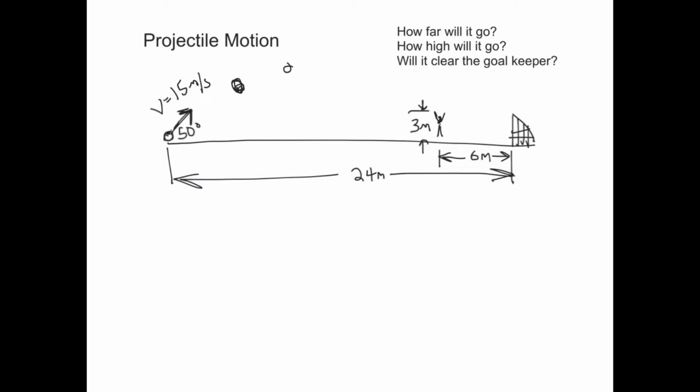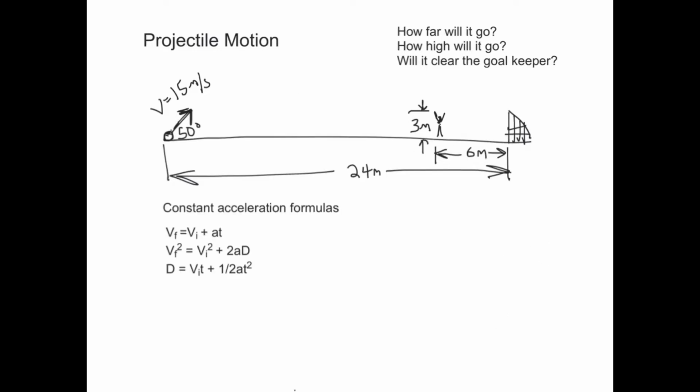The key to projectile motion is understanding the force diagram. In this case, at the very top of the flight, or anywhere along the flight, there's only one force. It's the force of gravity. And in the traditional XY direction, it's acting in the Y direction. So we can use any one of these three constant acceleration formulas.